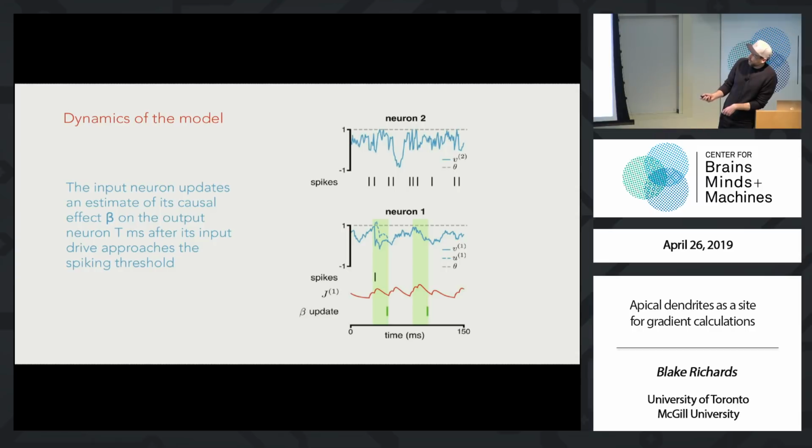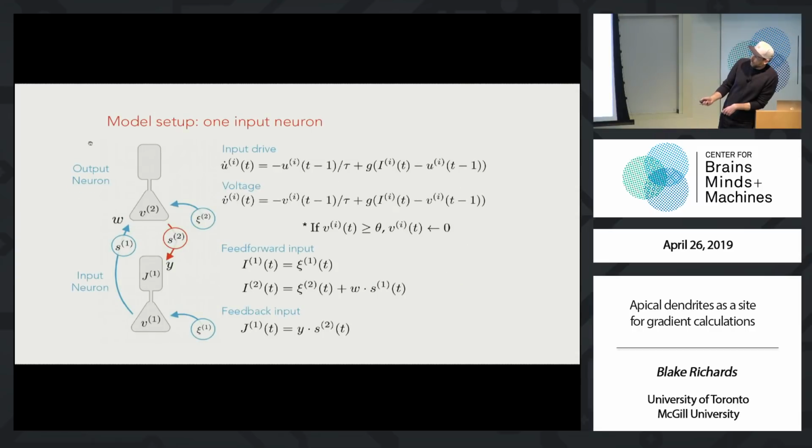So neuron 1 is going to try to estimate its causal impact on neuron 2 by doing a regression discontinuity estimate on the postsynaptic potentials in its apical dendrite. So it's basically going to say, what do the postsynaptic potentials from this higher-order neuron look like when I spike and when I don't spike?